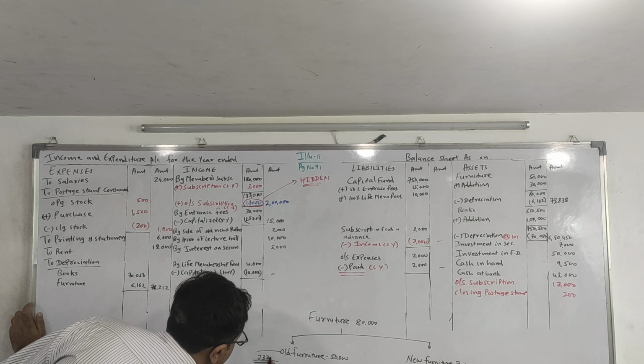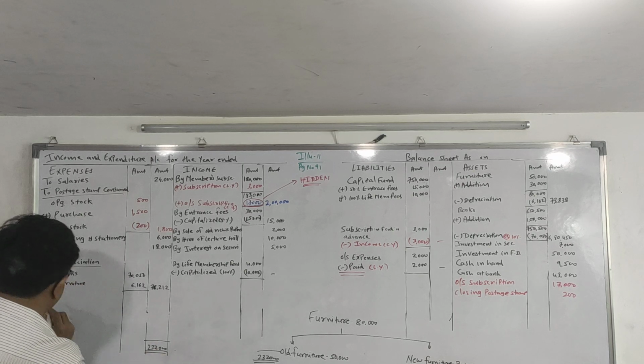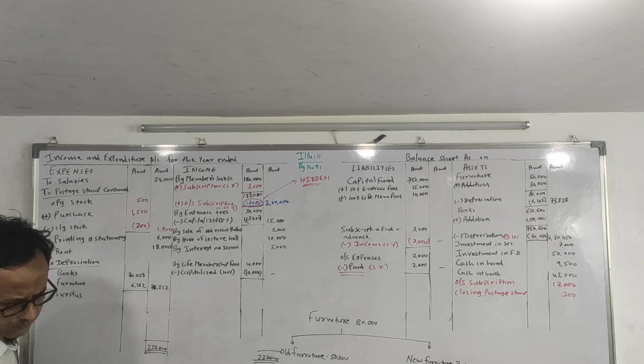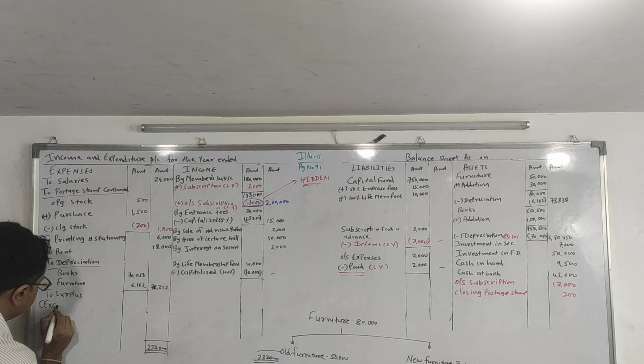Two lakh 32,000 total is there. There is a surplus. So what will we write? To surplus, excess of income over expenditure.